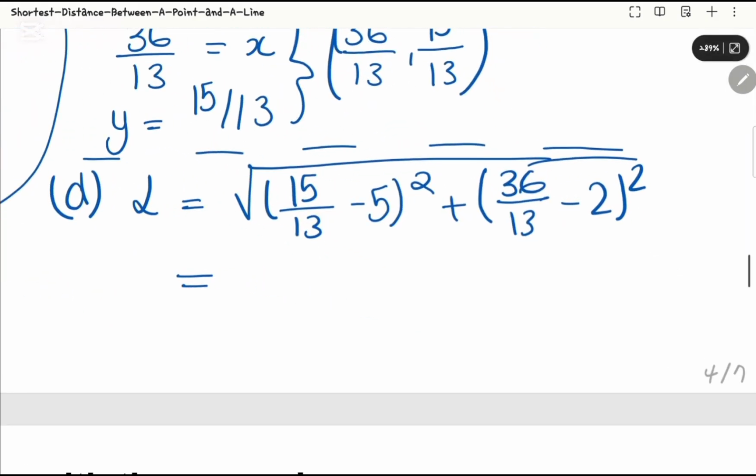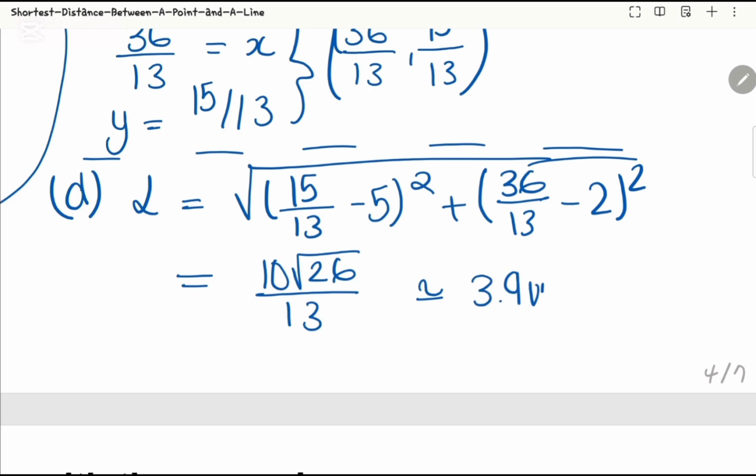Plug that straight into your calculator. If you're an IB student, this is grade 10. It's okay to use a calculator, but next year you're going to have to do this by hand. Okay, so that gives you this number, which is around 3.9 units.